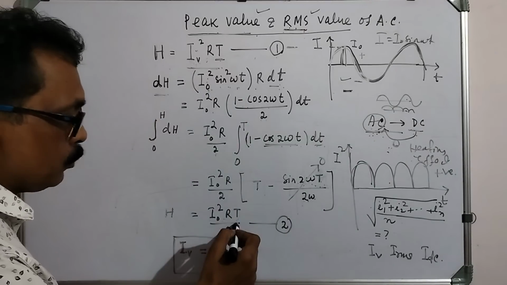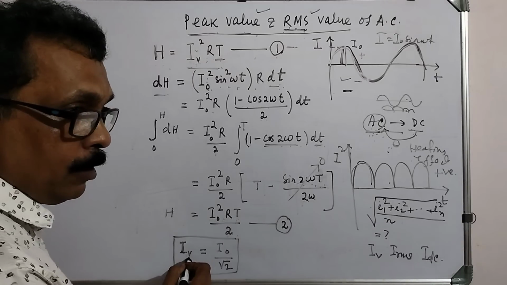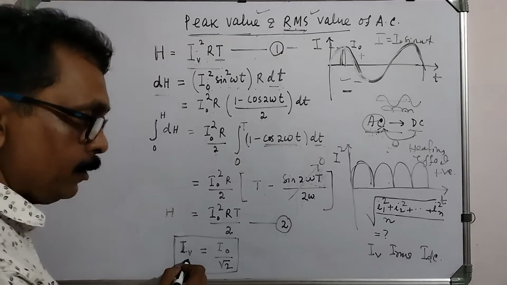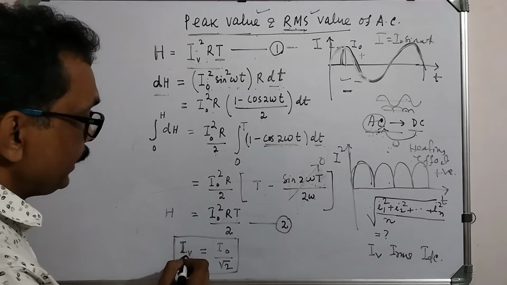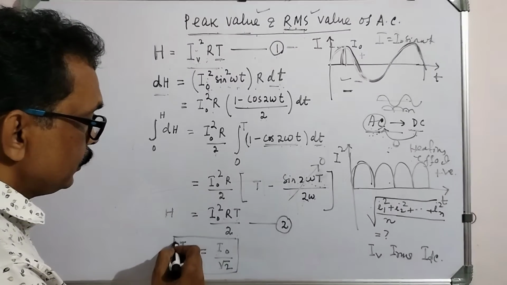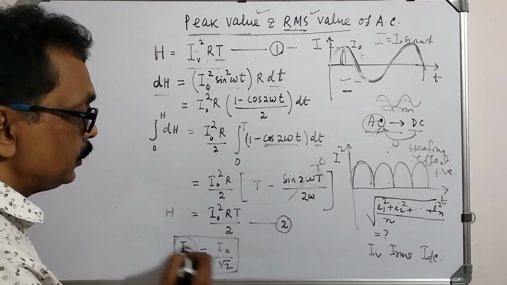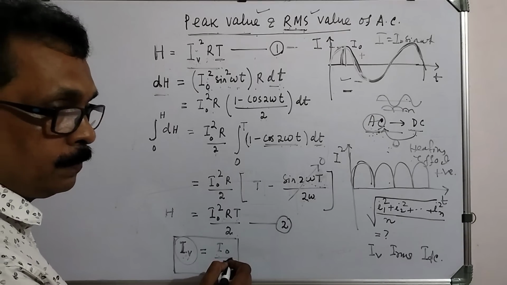So if you compare the two equations, then the virtual value of current, or RMS value, I_RMS, or you can write I_DC, is equal to I0 divided by root 2. That means the RMS value of AC is equal to 1 by root 2 times its peak value.